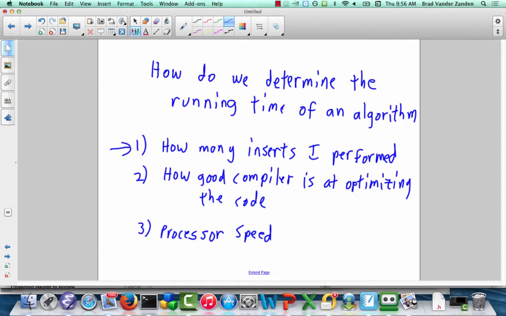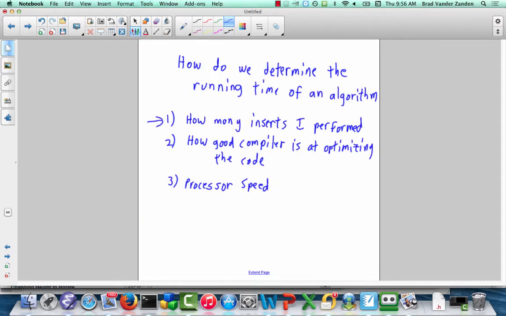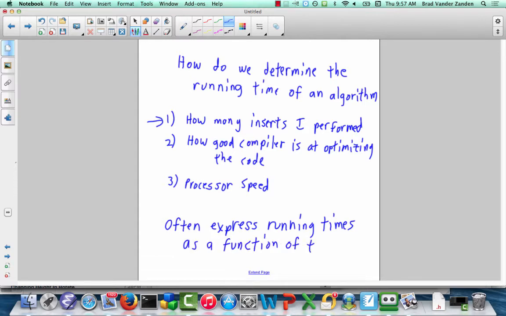So typically, we try to express our running times as a function of the size of the input. And typically, we call that n.